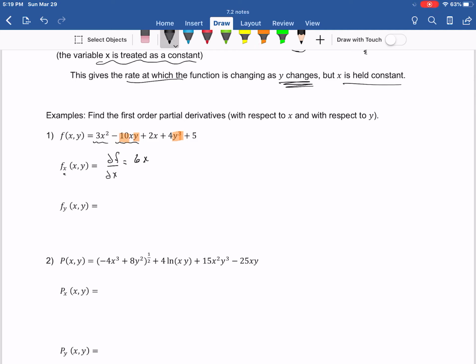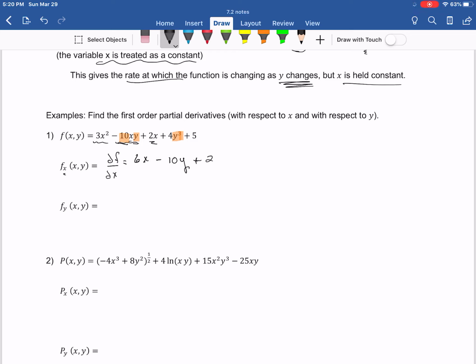So we're going to take the derivative of negative 10xy, and we're going to get negative 10 times y. Right? Y is a constant. Treat it just like you would any other number. When you have a number like negative 10 times x times y, which is also a number, and you take the derivative, that's going to give you negative 10y. Y is a number or a constant. Next term is 2x. We're taking the derivative with respect to x, which means we get 2, just like normal.